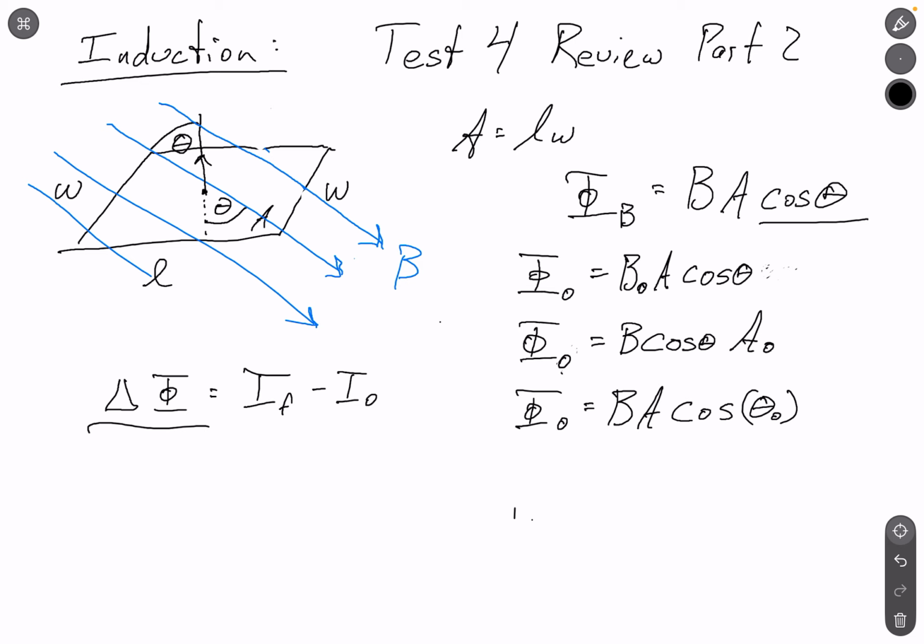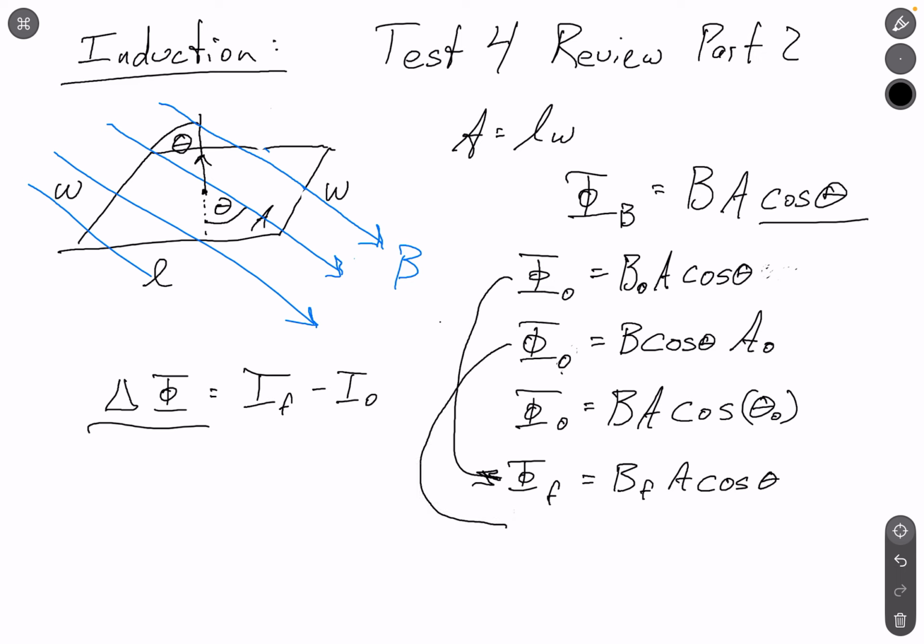And what could our three phi finals be? Well, this one and this one are linked. So that would mean that we have a B final times an area times the cosine of theta.